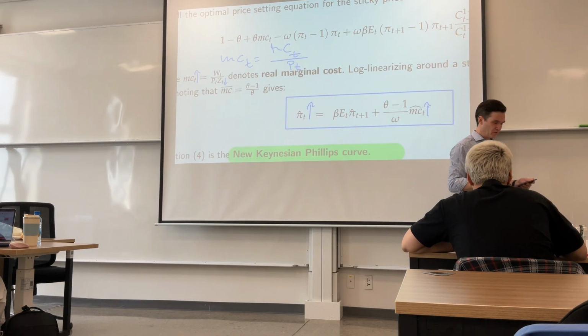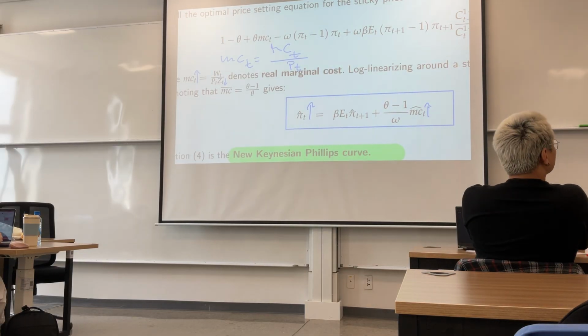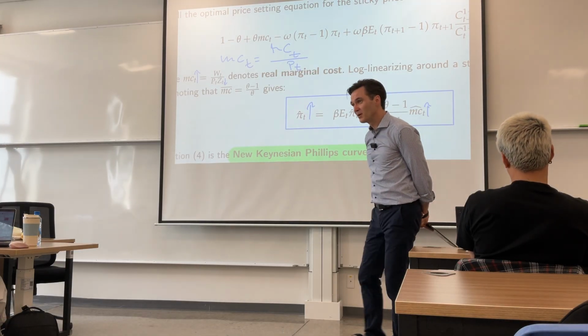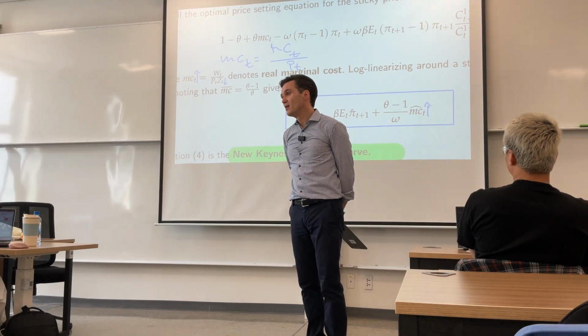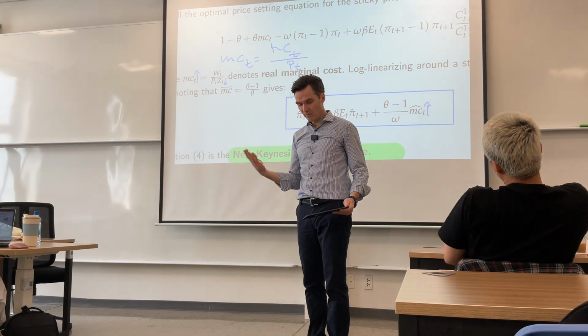Can somebody think about the channel by which this happens in this model? So why, when firms have higher costs, is inflation going up in this economy? It's a simple question. Maybe too simple for you folks. Yeah, supply chain. Exactly. I think supply chain. That's right. So when firms have higher costs, their supply is disrupted.